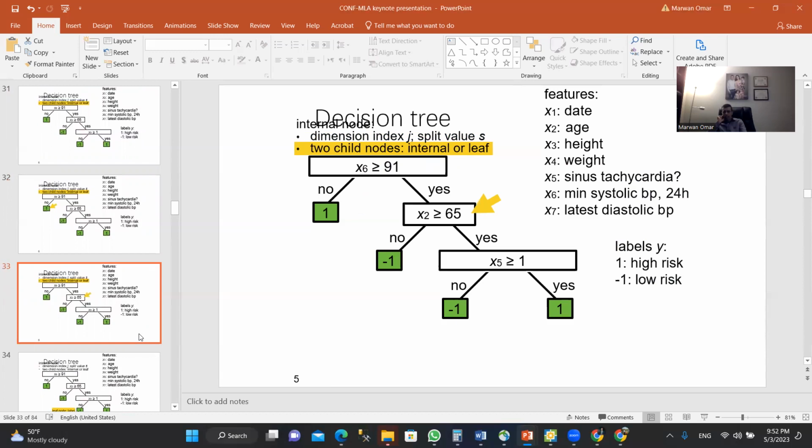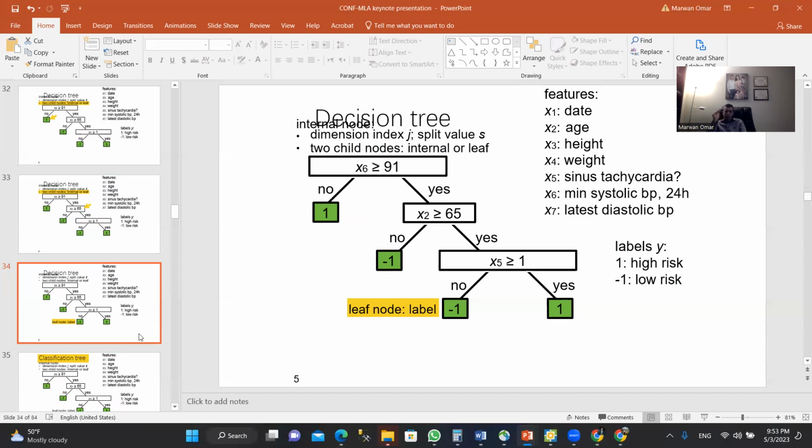That's the child, X2 greater than or equal to 60. That's the leaf node. In the decision tree, we have a child node and we have a leaf node. The leaf is usually the outcome or the label. In the green box on the left side, -1 is the leaf node, and that's the label.